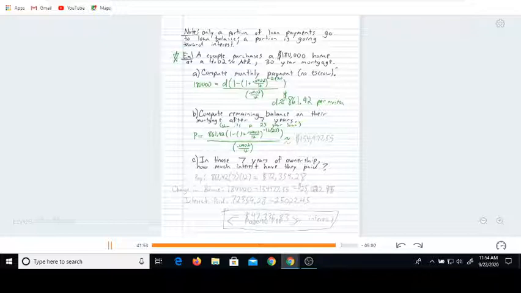We get $154,977.55. That's the remaining balance on the loan. So 7 years into the loan, that's how much of the remaining balance you have.